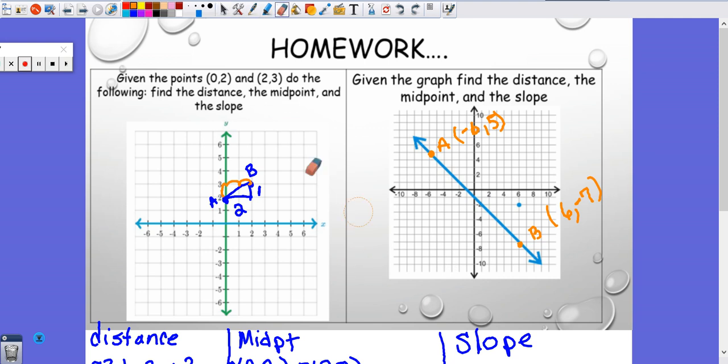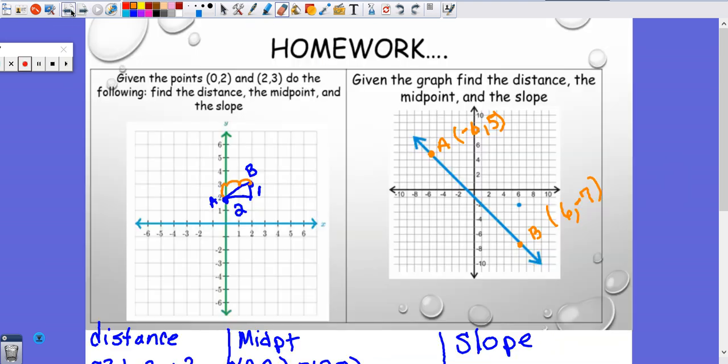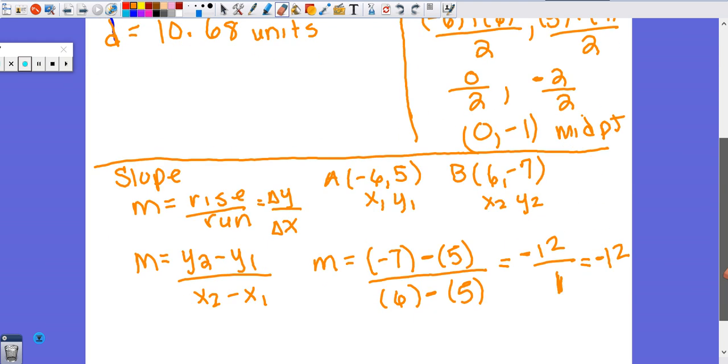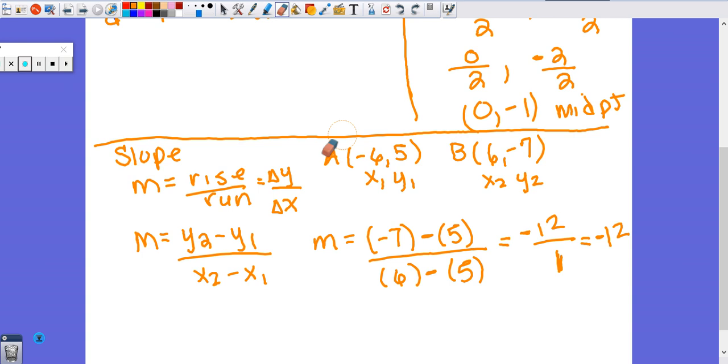Okay, and let me go and check that out just to make sure I did it right. Let me make sure I wrote these points down correctly too. -6 and 5, and then +6 and -7. Yeah, so we're okay. Oh, you know what? I wrote this wrong, guys. Wait a minute. So we get 6, -6.